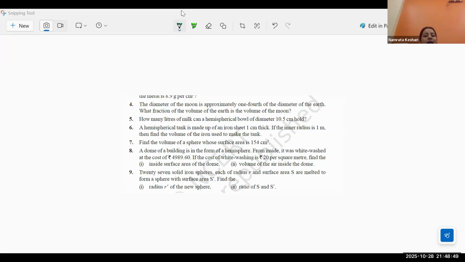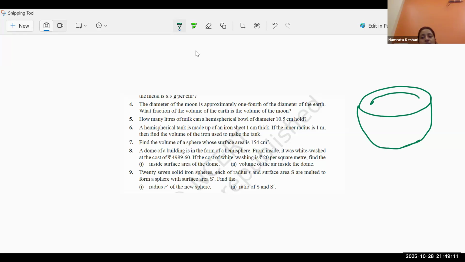A hemispherical tank we are having. A tank which is in the shape of a hemisphere is made up of iron sheet which is 1 centimeter thick. If the inner radius is 1 meter, yes, the inner radius of this tank is 1 meter.